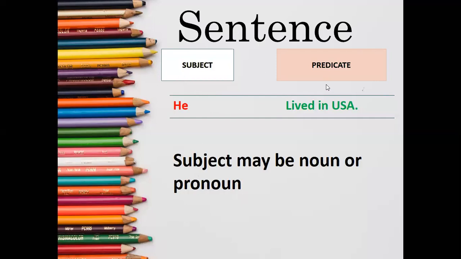Okay, predicate. What is the predicate? We have to know. In this class you will know that.